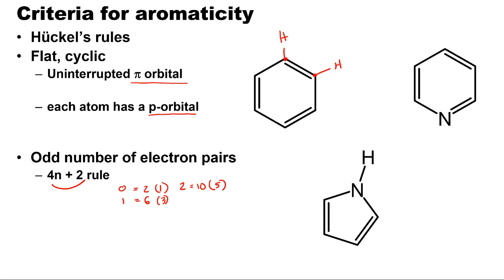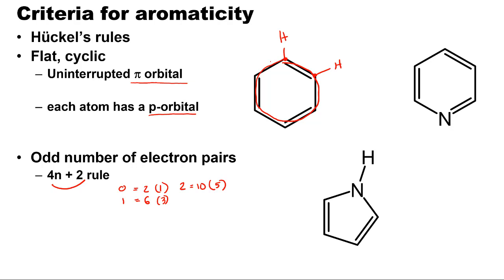Every single carbon atom is touched by a double bond in the ring, and as a result, each carbon has a p orbital, and there's an uninterrupted pi bond which extends across all the atoms. Okay.